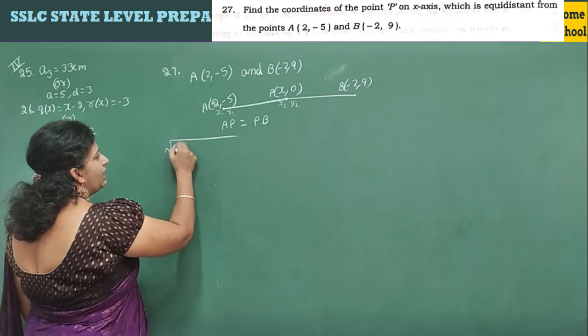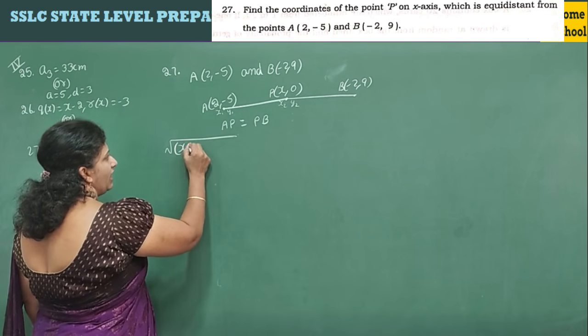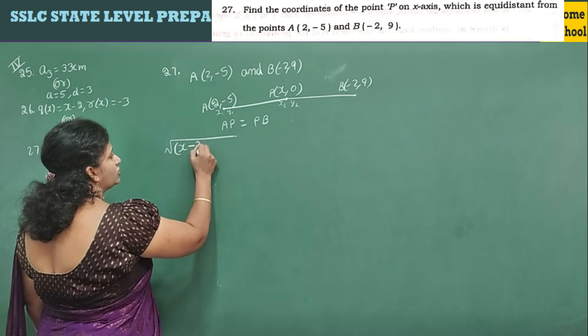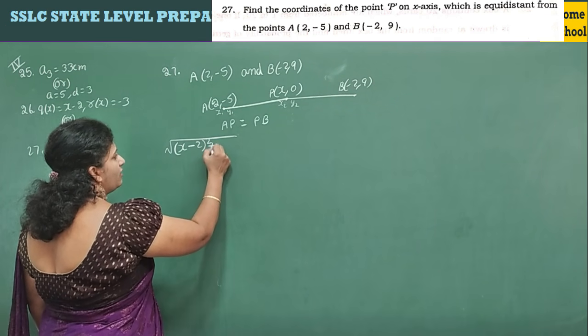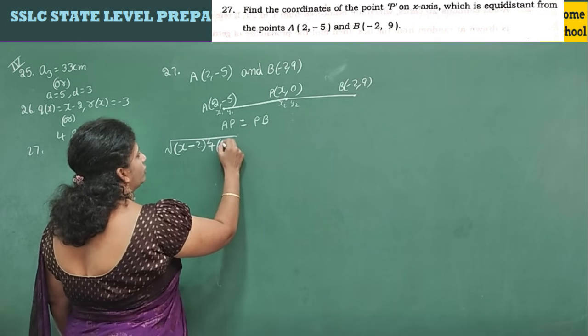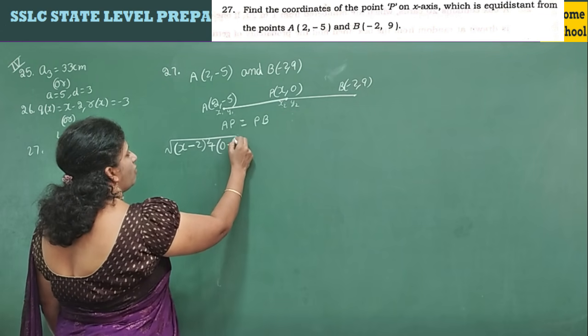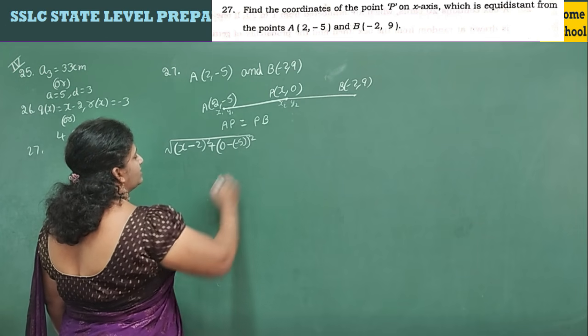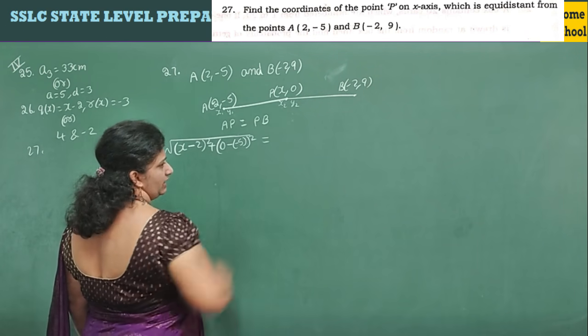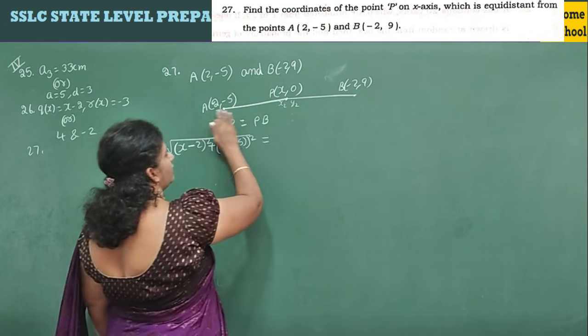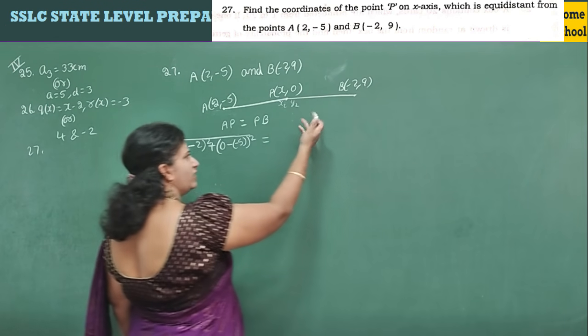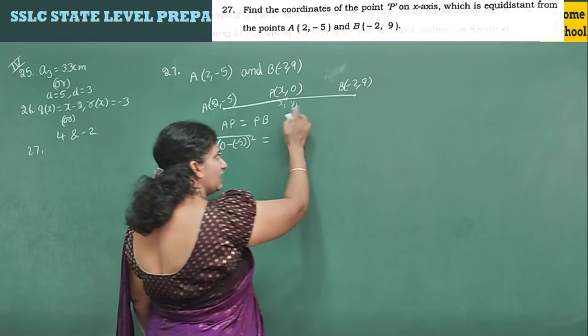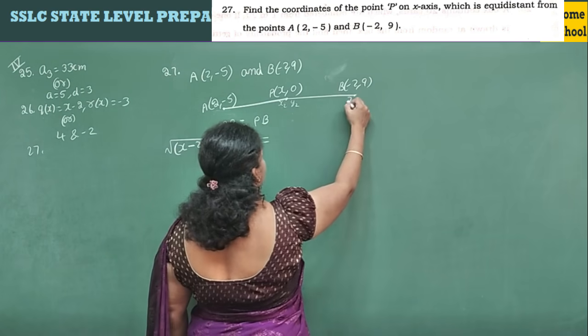So directly x2 minus x1 2 whole square plus y2 minus y1 is negative, so put it in bracket, whole square is equal to, now PB, take this one x2 y2 as it is you can take, or you can rewrite x1 y1 x2 y2 also.